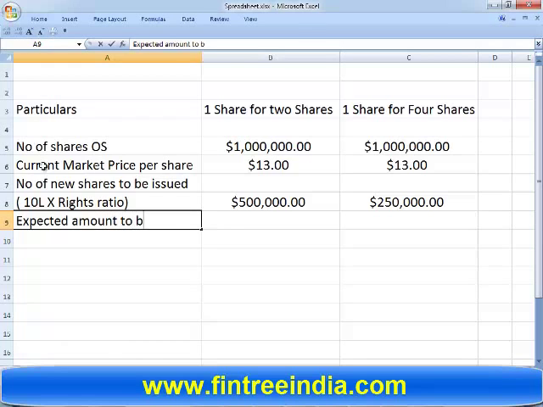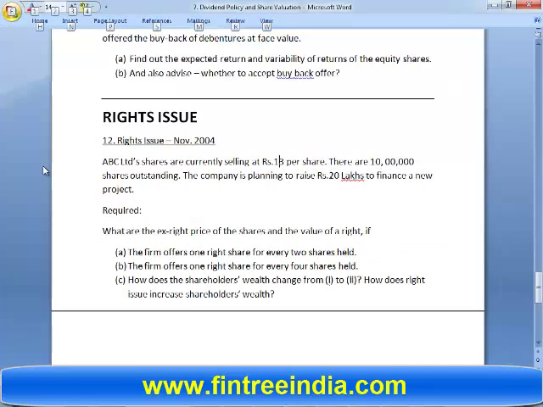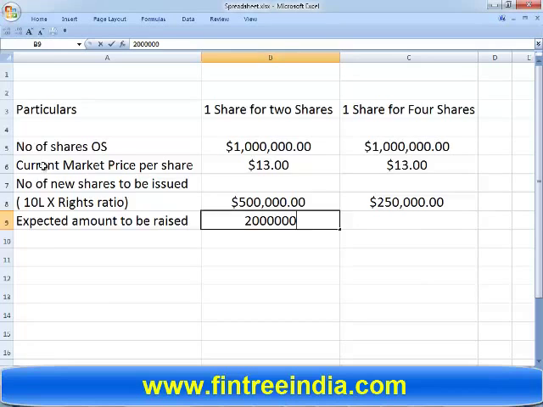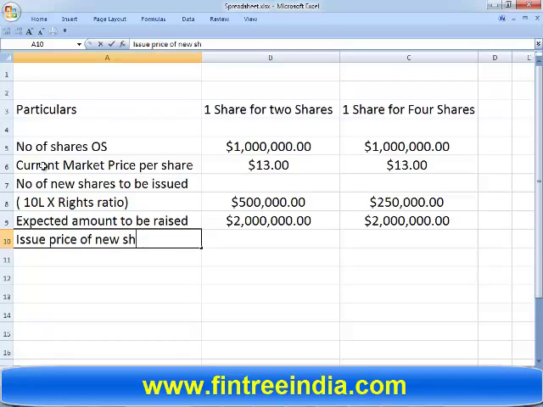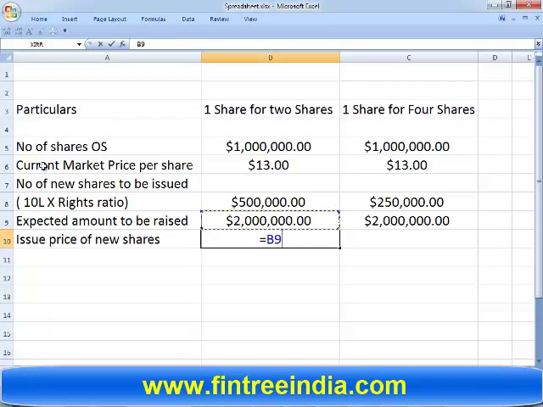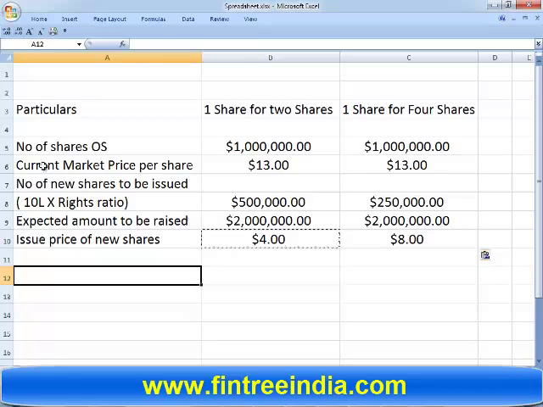Expected amount to be raised. The company needs 20 lakhs, so expected amount to be raised is 20 lakhs and 20 lakhs. Issue price of new shares: 4 and 8. Market capitalization pre rights issue.